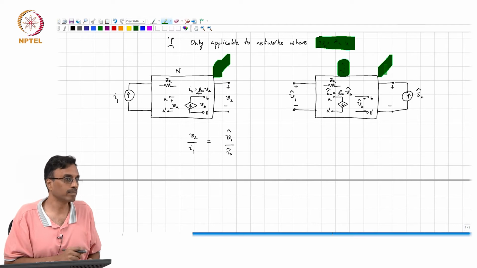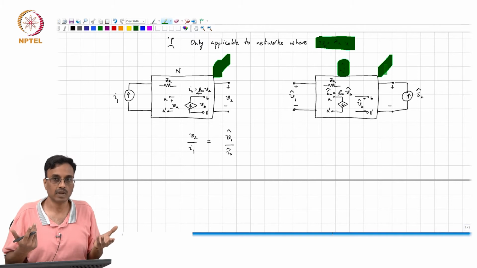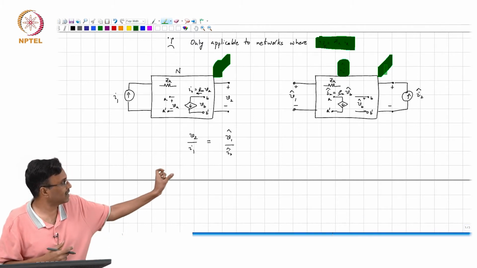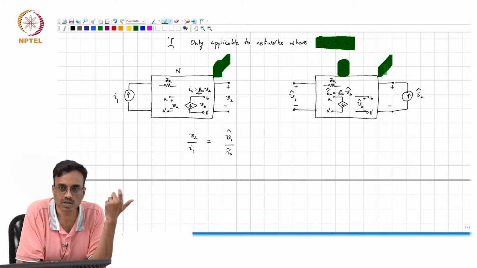So, this network, as you can see, can you comment on whether this network and this network are the same? Are N and N hat the same? They are not the same, because we have taken that control source and flipped the controlled and the controlling ports, right.